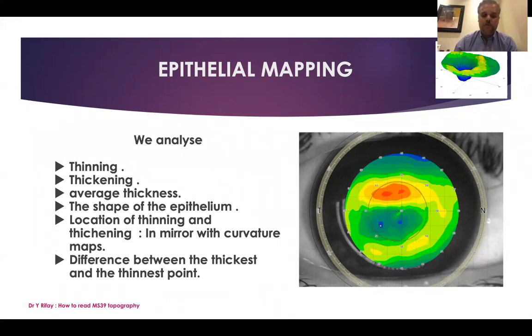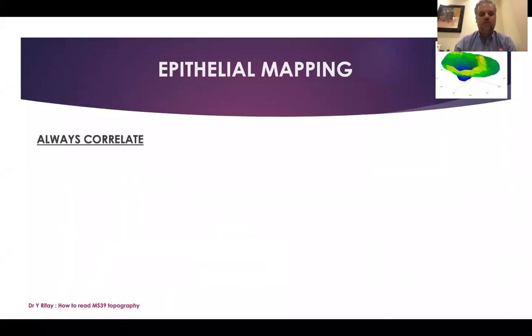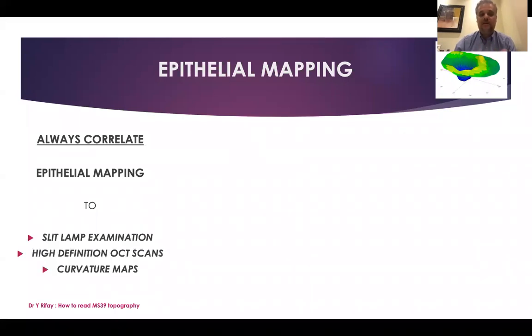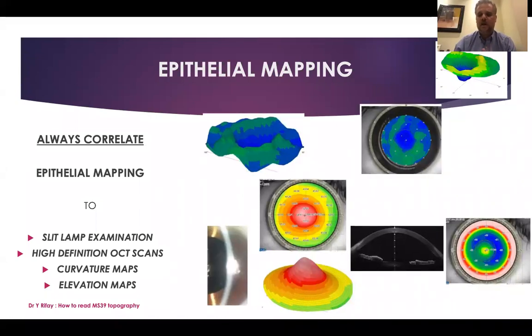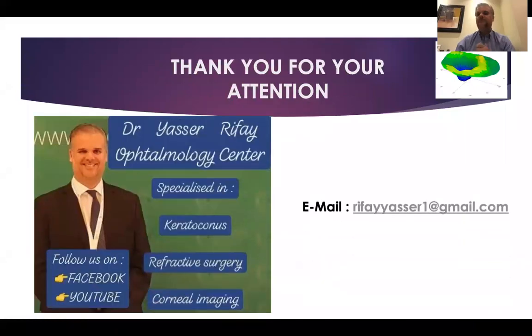And we will also measure the difference between the thickest and the thinnest points, which may suggest an evolution of the keratoconus. And we always have to correlate epithelial mapping to slit lamp examination, high definition OCT scans, curvature maps, and elevation maps like this. And thank you very much.